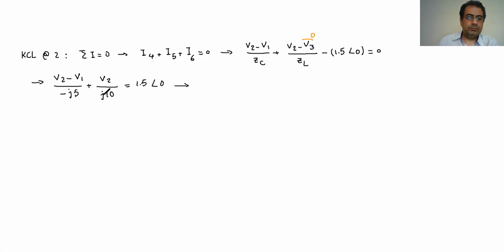If I do the calculation and simplify, what we get is negative J0.2 V1 plus J0.1 V2, equal to 1.5, because the angle is 0, meaning it's on the real axis, so it's just 1.5.